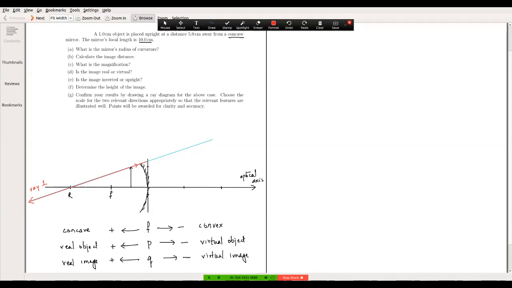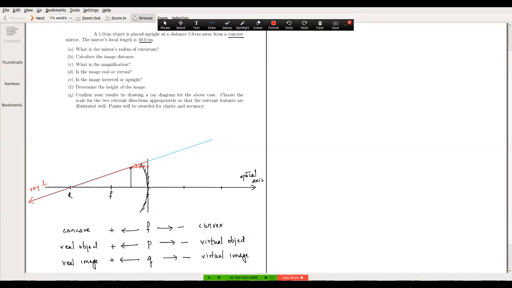The second ray, we actually start with a ray that goes parallel to the optical axis. So again, start from the head of the object and follow a ray that goes parallel this time. That's a parallel ray, and its direction is represented by this arrow.